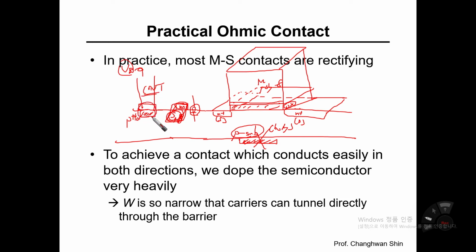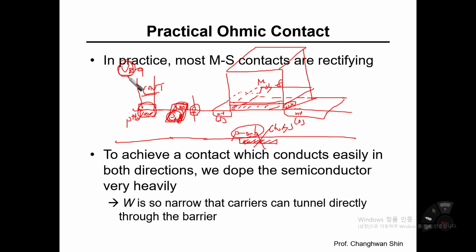Afterwards, this P++ region works as the main driver to make the MS contact ohmic-like.